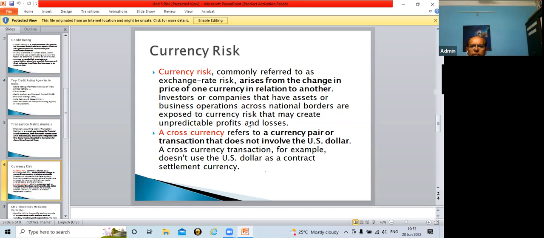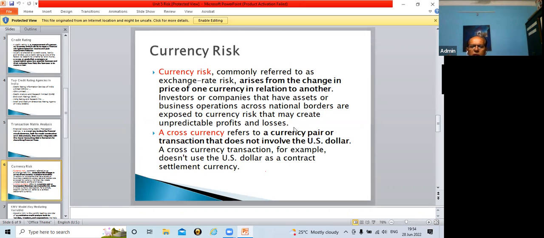So that way there is a risk, and this risk may create unpredictable profits and losses. As the dollar goes up, the foreign company makes profit, and we lose our money because we belong to India. Are you getting my example?